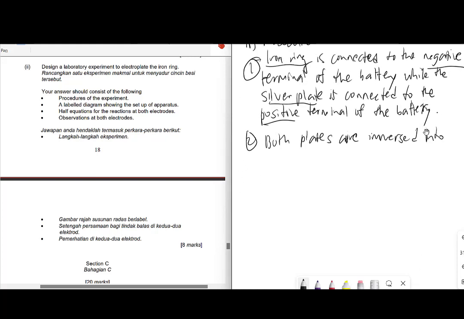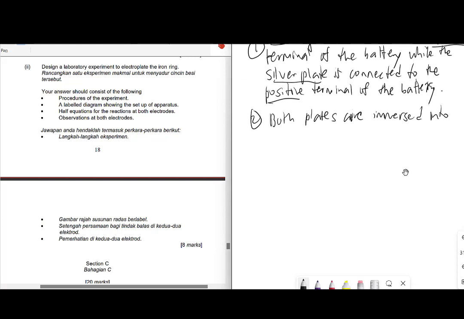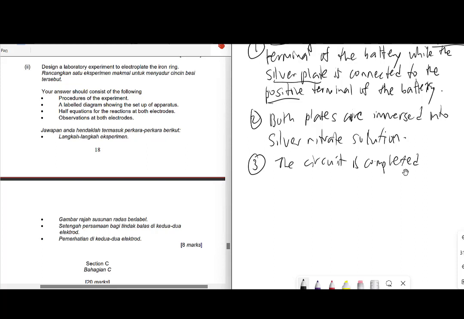So both plates are immersed into silver nitrate solution. Then the circuit is completed. You can just say connect the circuit and start the electroplating. The circuit is completed for electroplating.